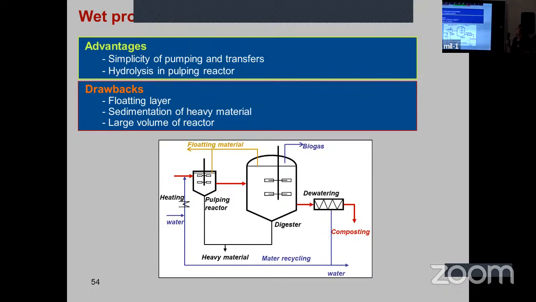But if you use some substrate like straw or manure, you can see a floating layer at the top of the reactor, or on the contrary, the sedimentation of the heaviest material, and also you will need a large volume of material.